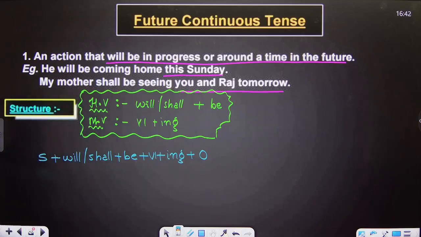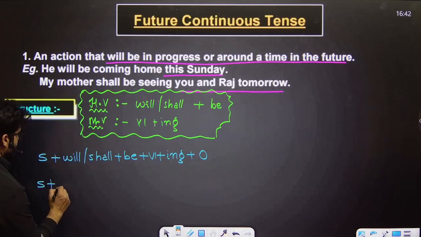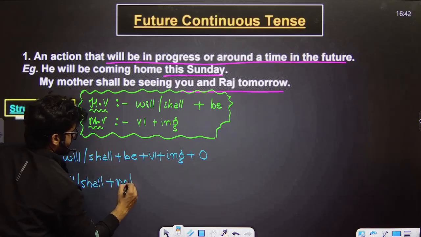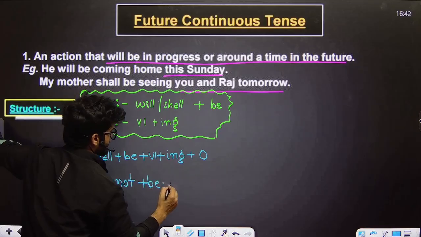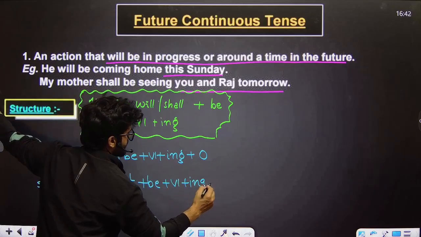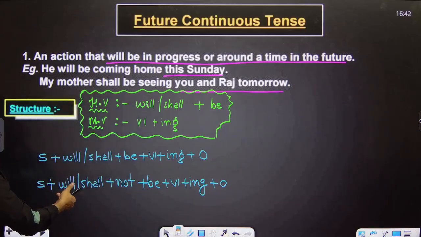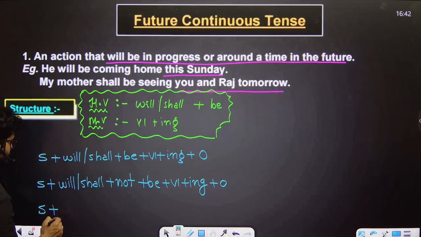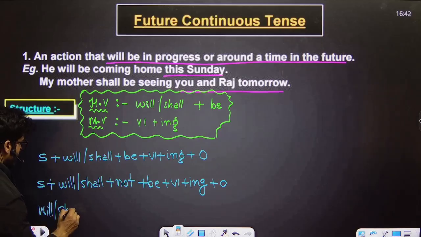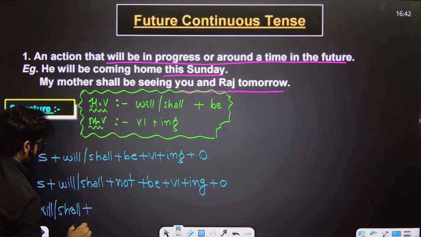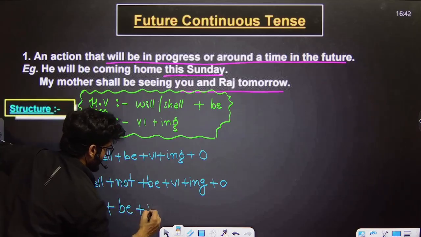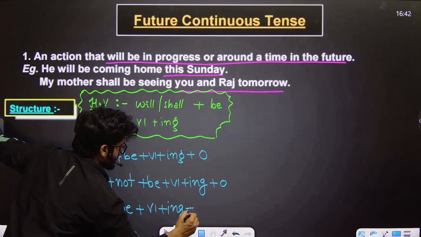Similarly, you can have subject will, shall, not be, verb 1 plus ing plus object. Rakesh will not be writing a letter. And in case of interrogative: will, shall, subject, be, verb 1 plus ing plus object.